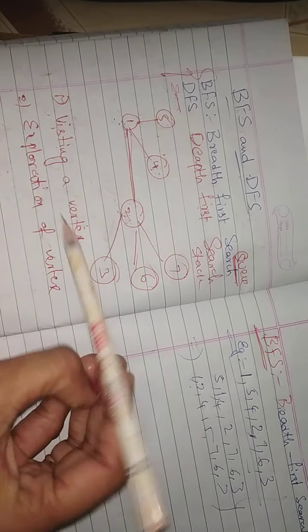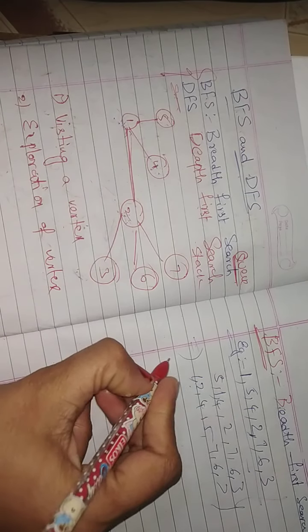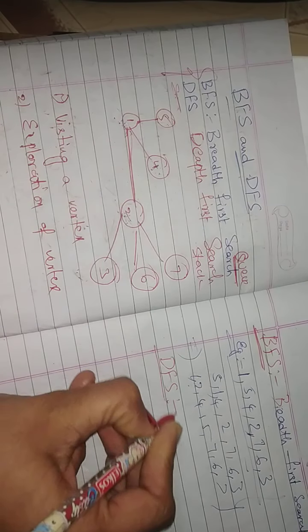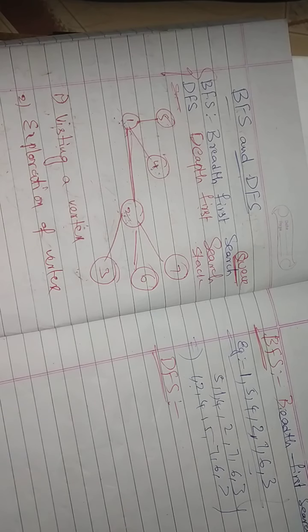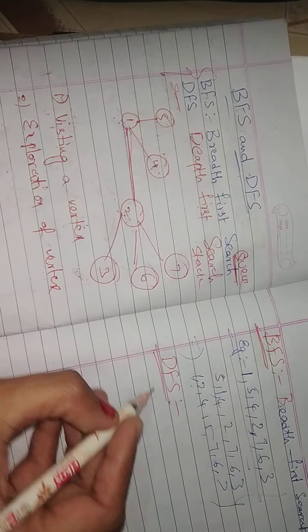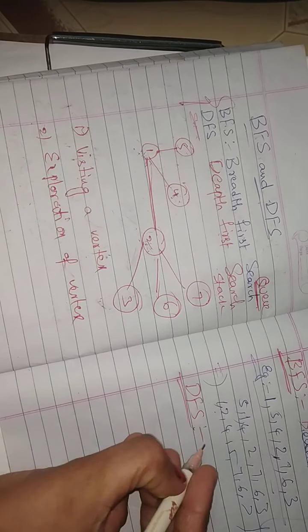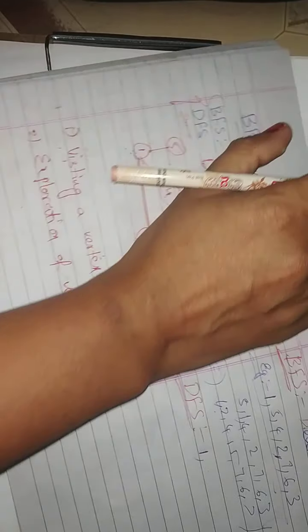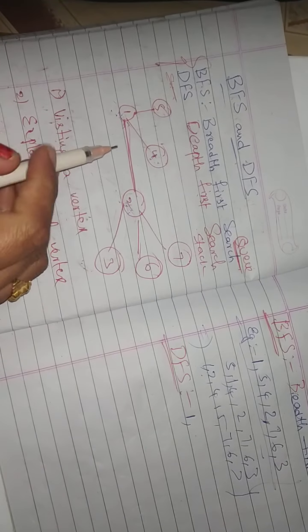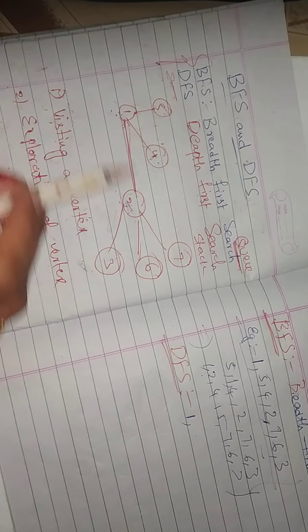Now you see the DFS. DFS means depth first search. In this, if we take here also root node 1, and next, what are the exploring vertices? 5, 4, 2, whatever, right? You can take any one.